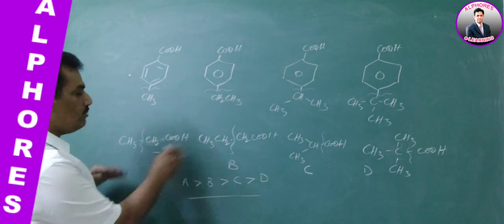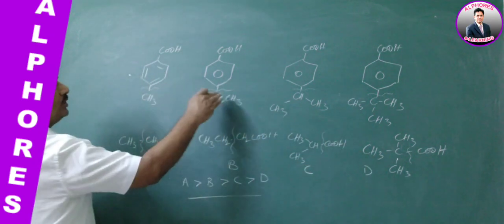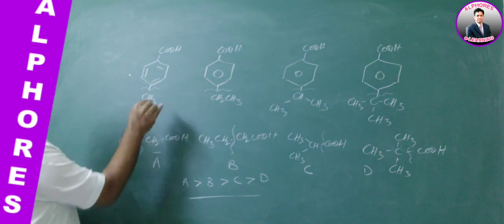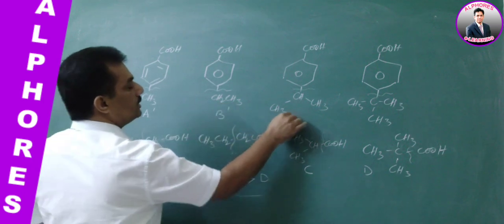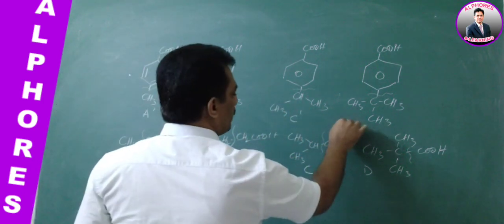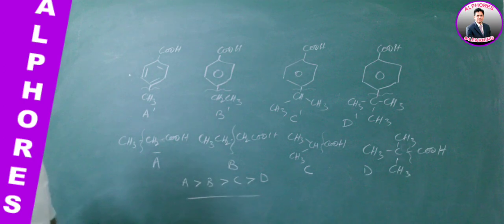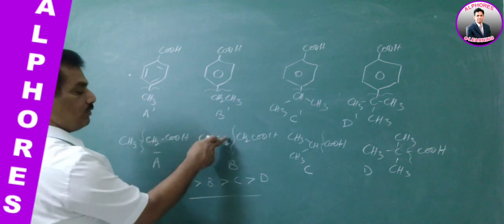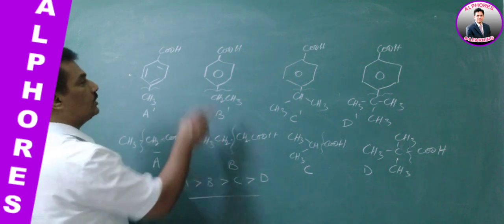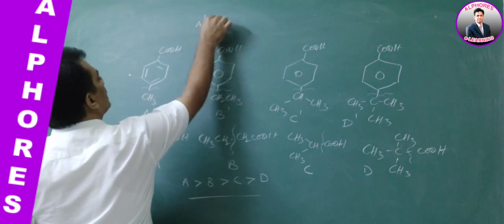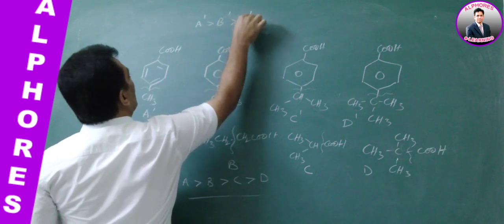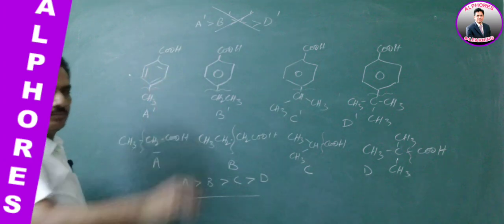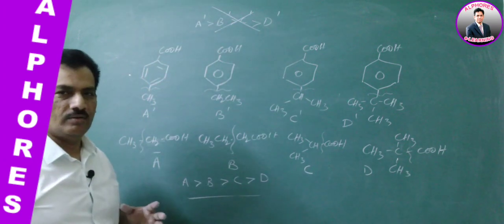Now, with the same type of groups as substituents on benzoic acid, if it is A bar, B bar, C bar, and D bar, can you guess the acidic strength order here? Actually, if we are following the same scenario, it should be A bar greater than B bar greater than C bar greater than D bar. But it is wrong. Why?